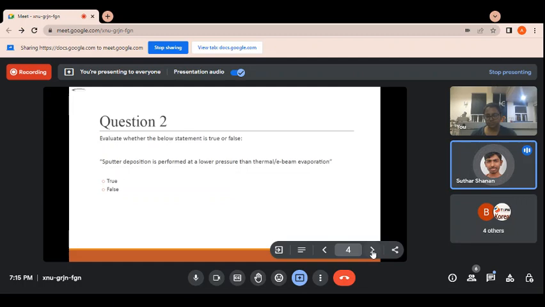It will strike the crucible, and that material will evaporate and deposit on the substrate. Okay, and what about thermal? In thermal, we have a source holder and a source.